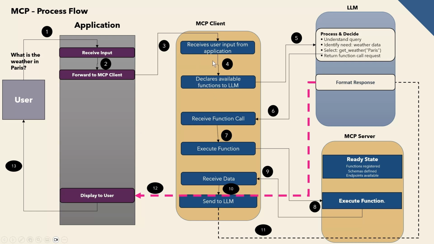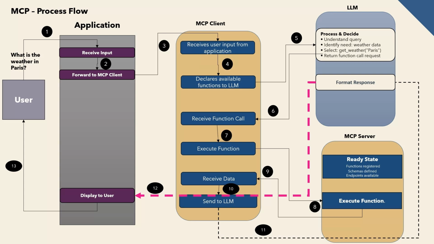The MCP client now has the user question, but before sending it to the AI, it does something important. It gathers information about what tools are available, and these tools are hosted on something called the MCP server. So the MCP client tells the AI, hey, here are the functions you can use. In our case, one of those functions is get weather, a tool that can fetch real-time weather data.